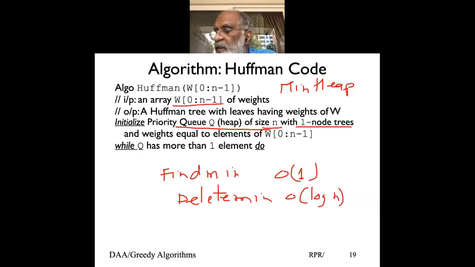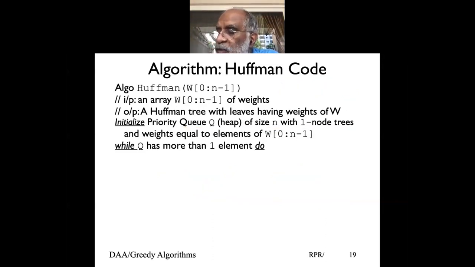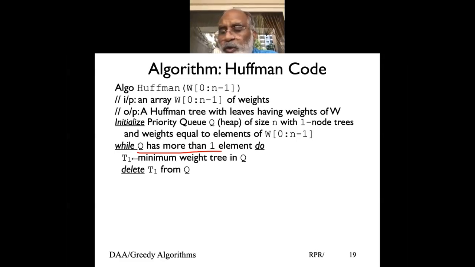Put in a weight, and now you follow the following process. As long as Q has more than one element, since I'm building a tree, pick the first tree with the minimum weight and remove it from the queue, which is basically the min heap. That means I do a delete min here.